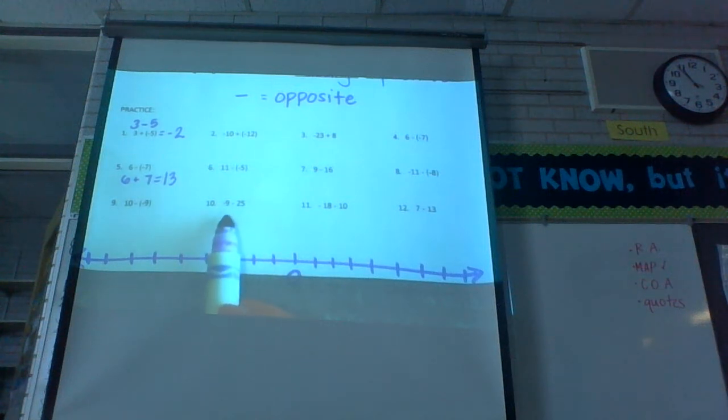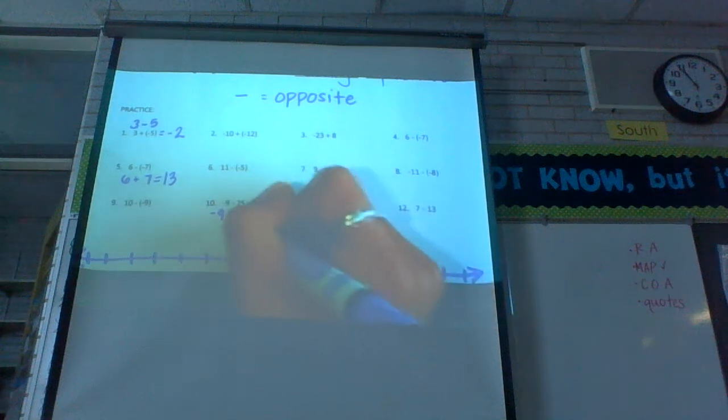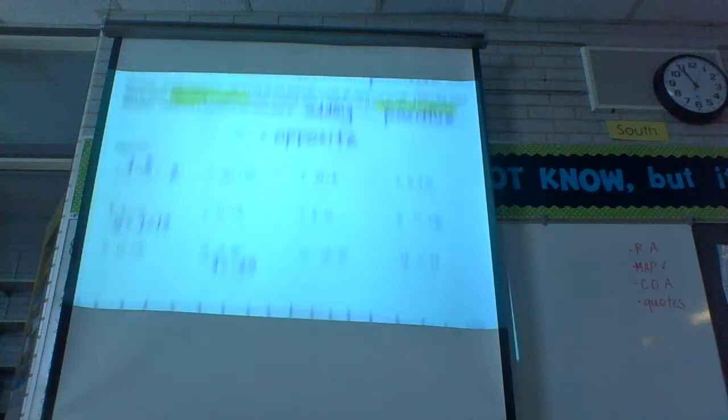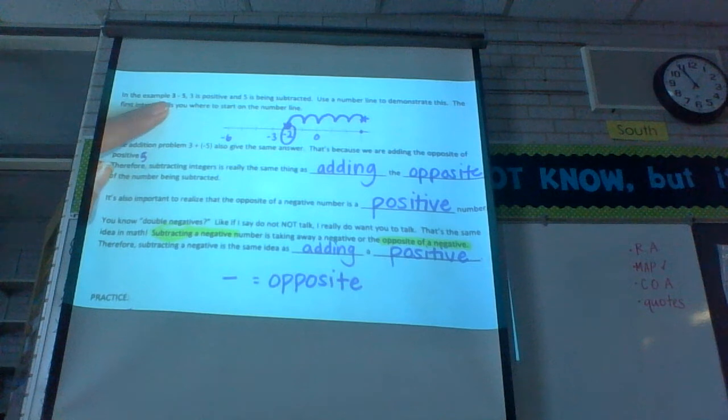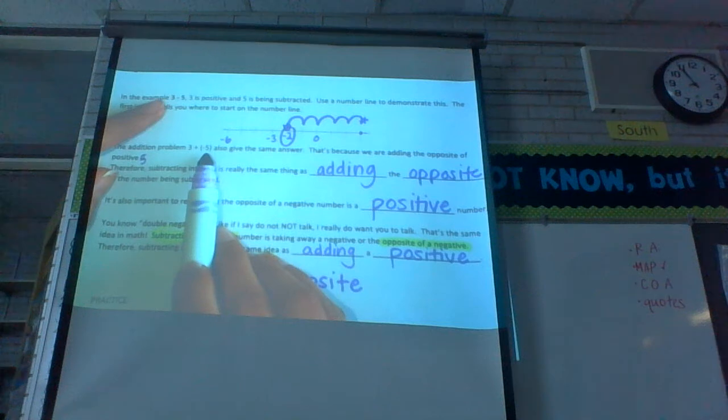Jumping over to number 10, -9 take away 25. Which is really like -9 plus -25. If you remember from the example above, 3 take away 5 was the same as 3 plus -5. See that up here?